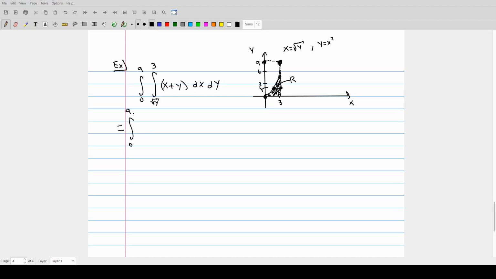So it's the integral from 0 to 9, and the antiderivative of x plus y with respect to x is x squared over 2 plus y times x. And this is evaluated at 3 as an upper bound and the lower bound of square root of y.